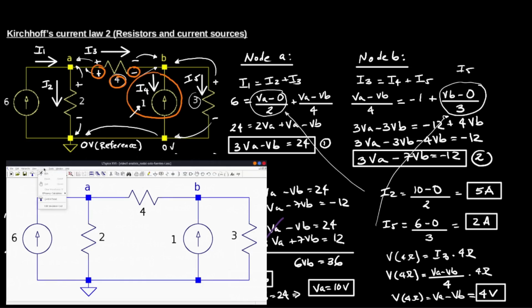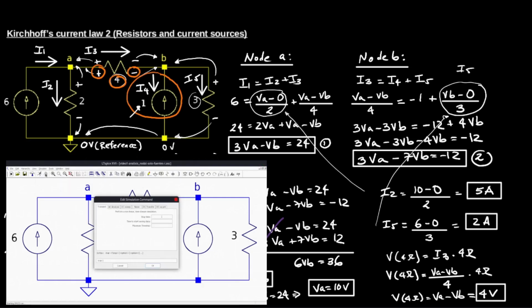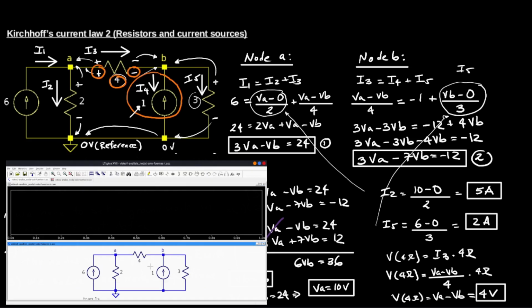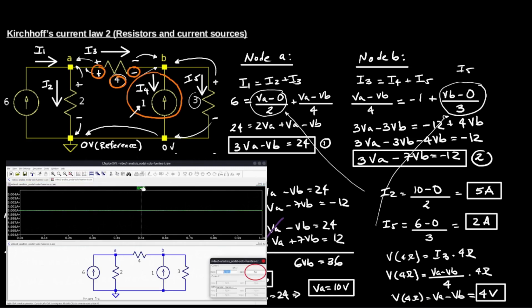So now I'm going to simulate this circuit by using LTSpice. Okay, first of all, I'm going to get the current through 2 ohm resistor, as you are seeing here. Okay, so it equals 5, as I calculated, and you can see it surrounded in the box.